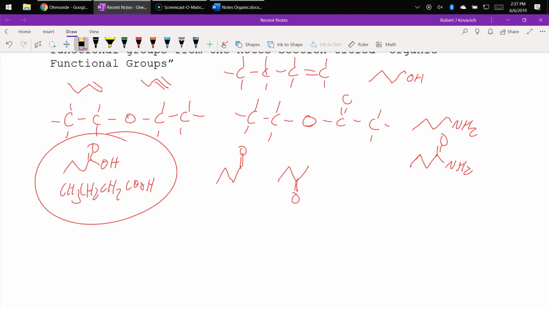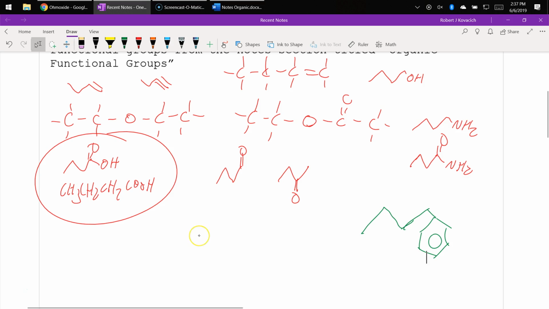So we could do 1, 2, 3. This is a 4-carbon chain with a phenyl group on it, and then a heterocyclic ring structure.